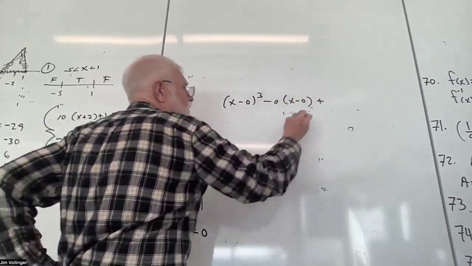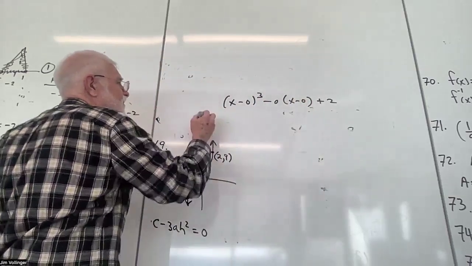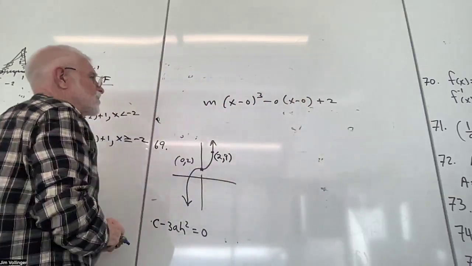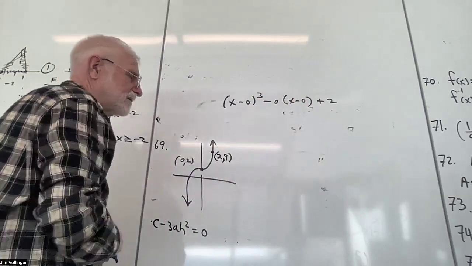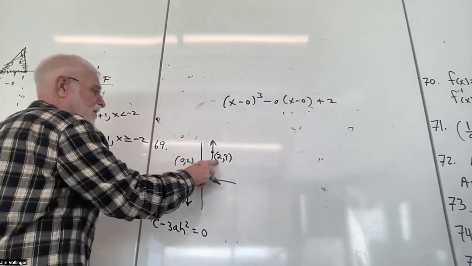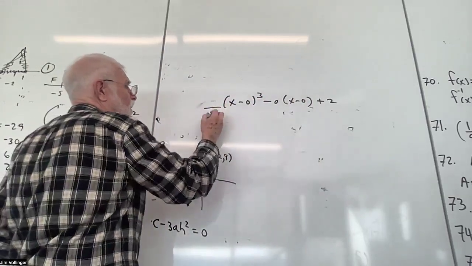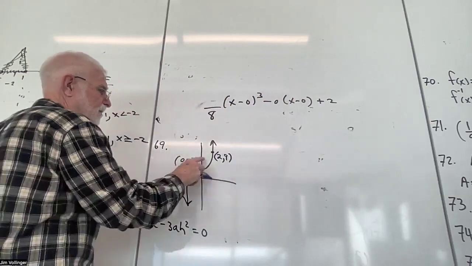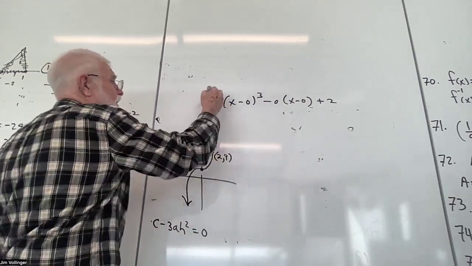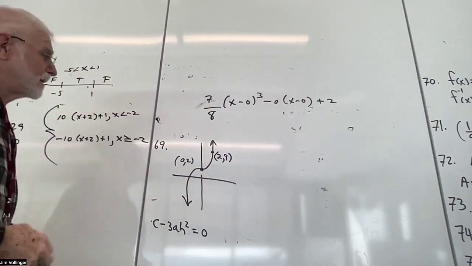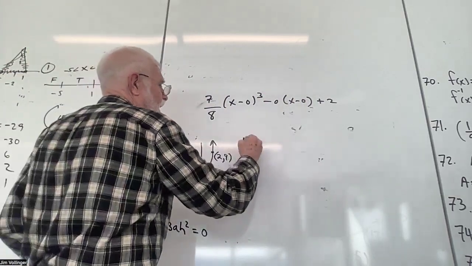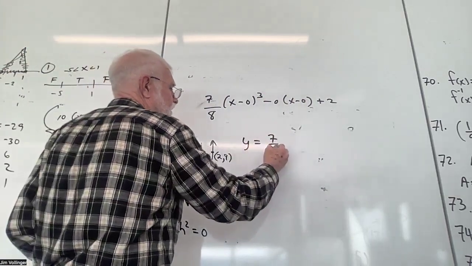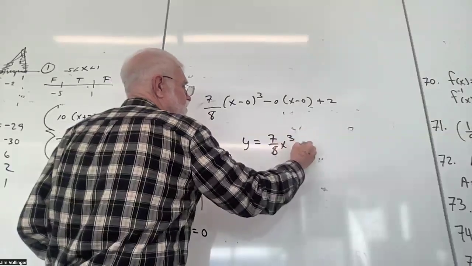Right, plus 2, that's the graphing form. The only thing I'm missing is this multiplier. So what's that multiplier? In this case, change by 2, but I'm cubing, so I don't want 8 units of change because I'm going from 2 to 9. I just want 7. So this was the graph of y equals 7/8 x cubed plus 2.